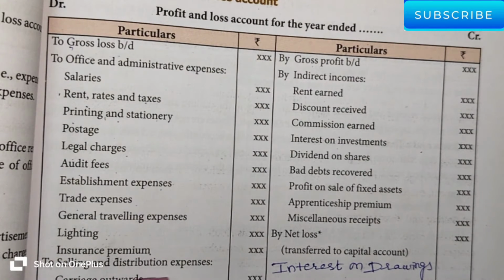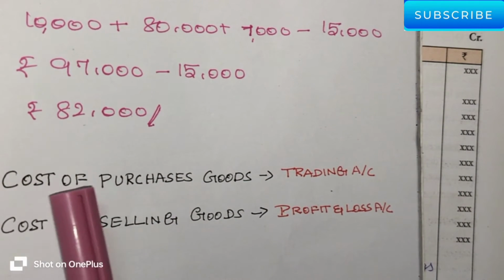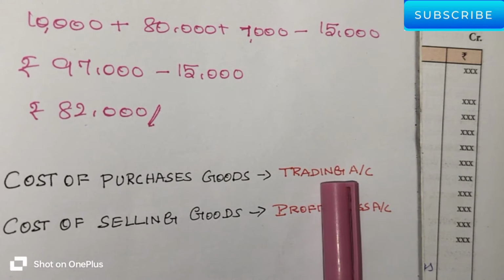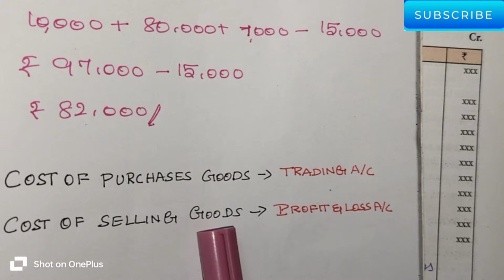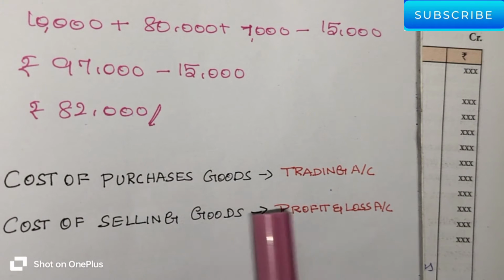Let's take selling and distribution expenses. Before that, listen: the cost of purchasing goods we enter in the trading account, and the cost of selling goods we enter in the profit and loss account. Remember it.